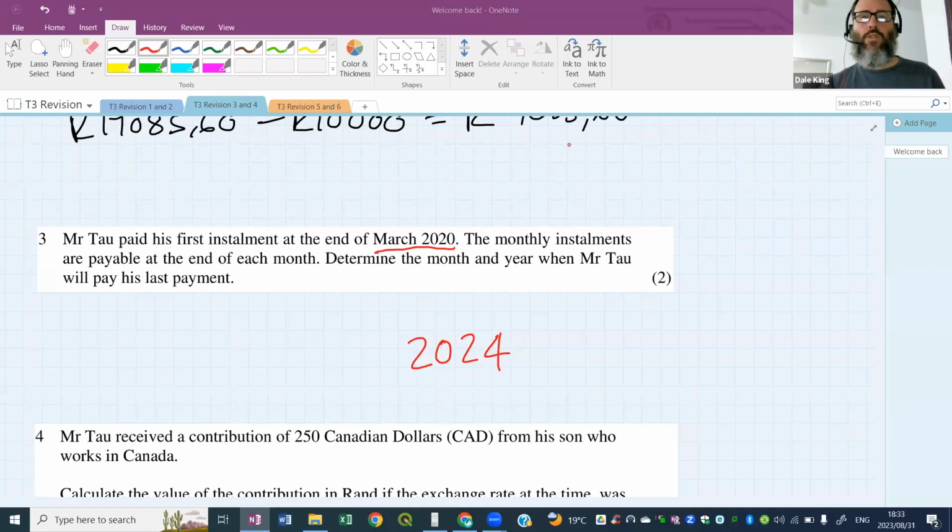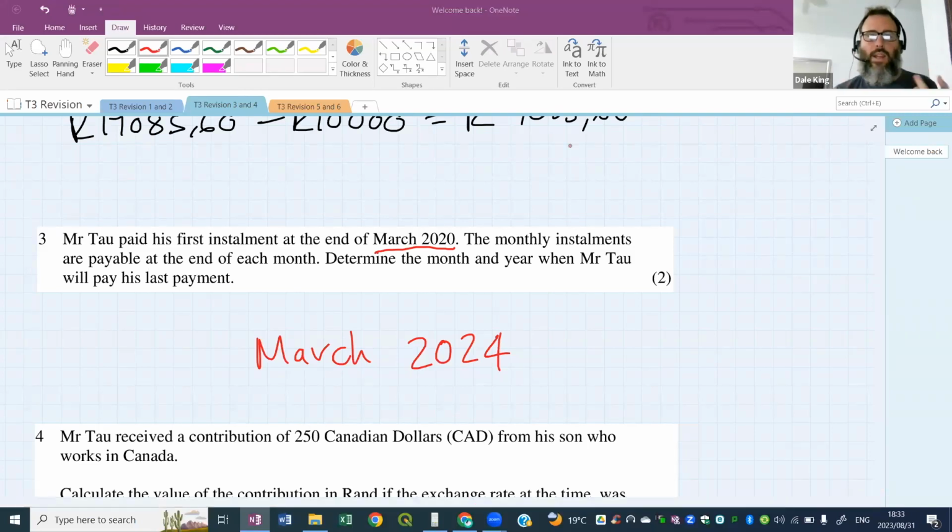At the end of March 2022, that's the end of 2 years. At the end of March 2023, that's the end of 3 years. And the end of March 2024, it's the end of the 4th year. So I would say for this one, it's going to be March 2024. Okay, no problem.